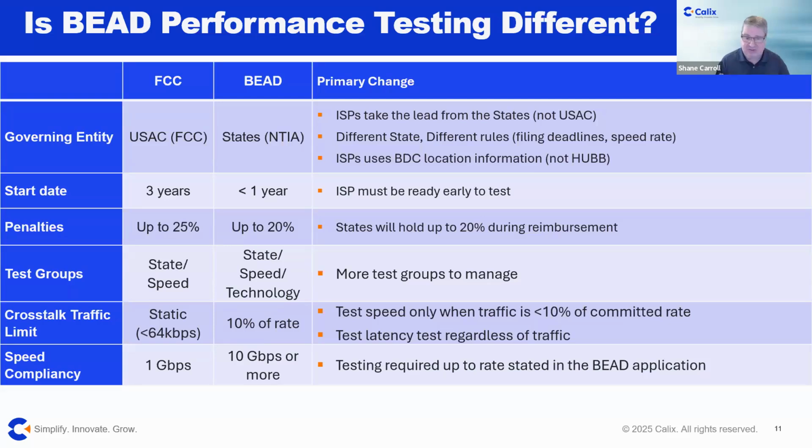One of the big things that changes as well is that you basically did not have to do latency testing if you hit that crosstalk. There is no crosstalk with the 10% rate. You run latency testing regardless so that you actually get that. The reason for that is that's really the user's experience, whether you're passing traffic or not passing traffic, all the different pieces that go on. It's basically a piece of how I understand the broadband subscriber experience.